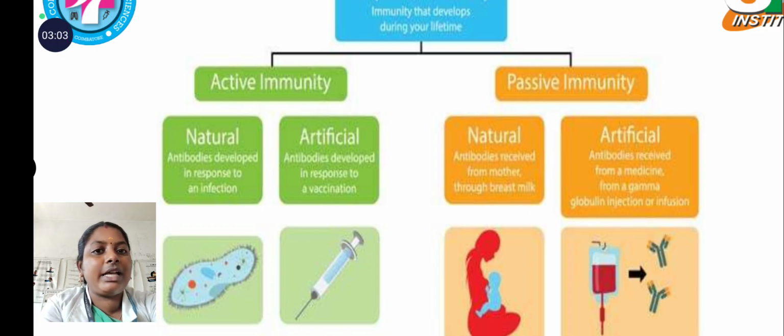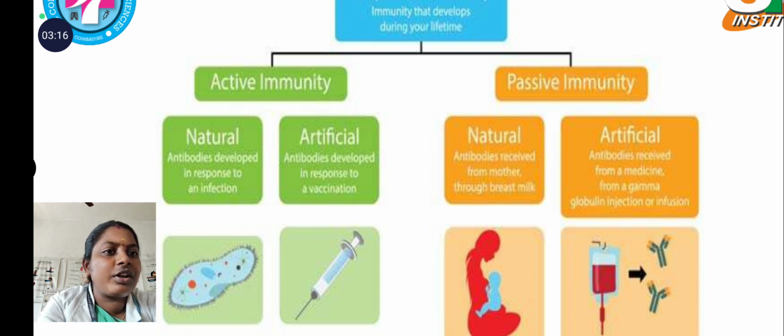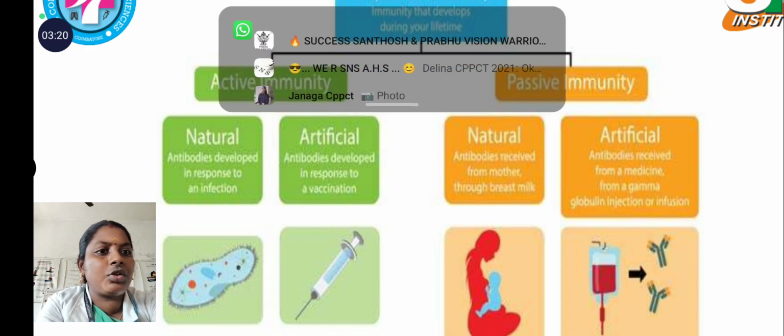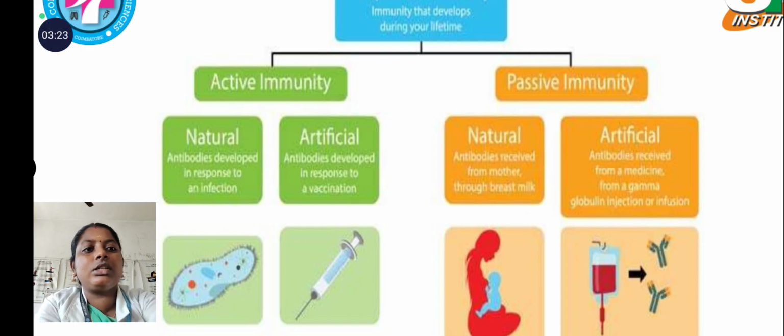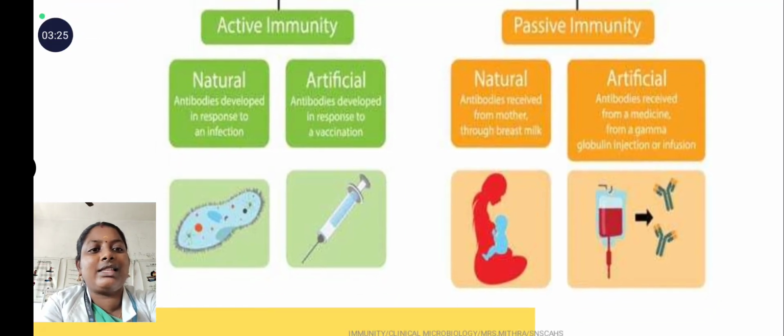Coming to passive, natural means antibodies received from the mother through breast milk, whereas artificial antibodies are received from medicine, such as the gamma globulin injection. So it is mainly done through vaccination.